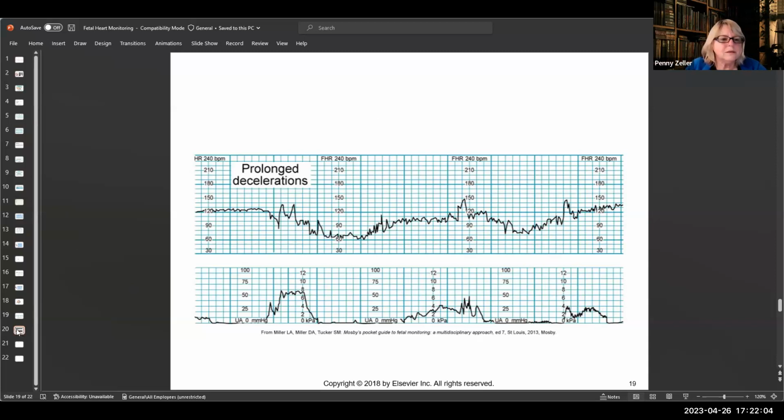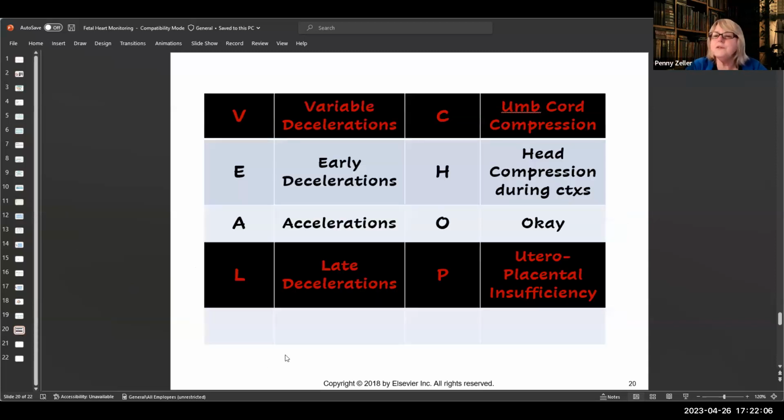It really is. Okay, so that you don't have to try to understand completely. If you just memorize VEAL CHOP, you'll be able to answer a question. So VEAL and CHOP, correlating V for variable decelerations with C for cord compression.